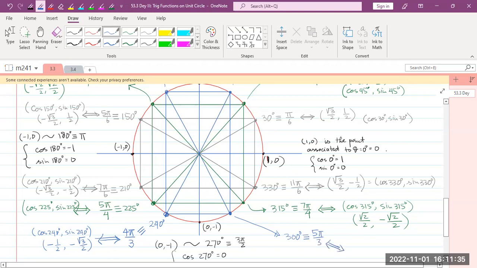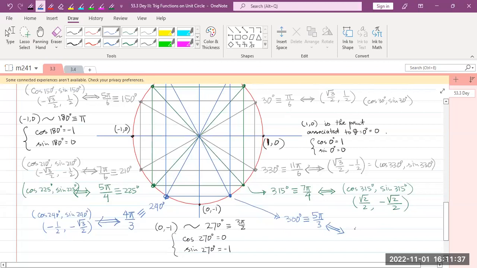The coordinates are cosine 300 degrees, sine 300 degrees, which is: cosine in quadrant 4 is positive. Reference angle 60 degrees, cosine 60 degrees is 1/2. Sine in quadrant 4 is negative. You can tell the y component in quadrant 4 should be negative, right? Okay. Reference angle 60 degrees, so sine 60 degrees is radical 3 over 2.